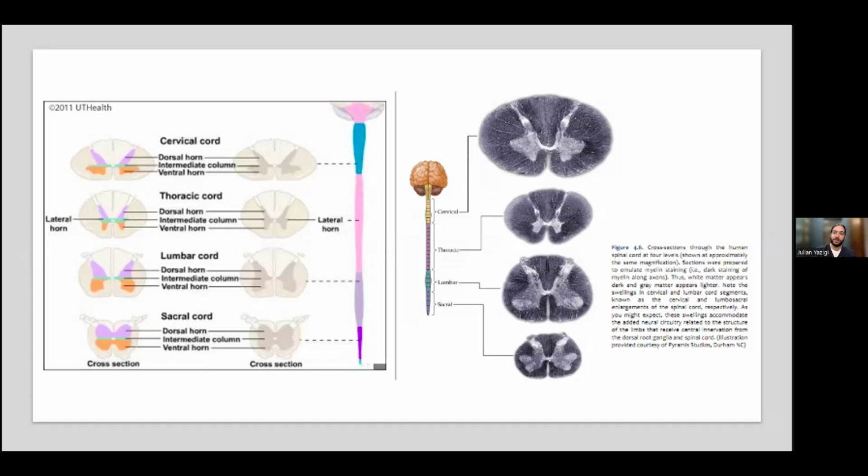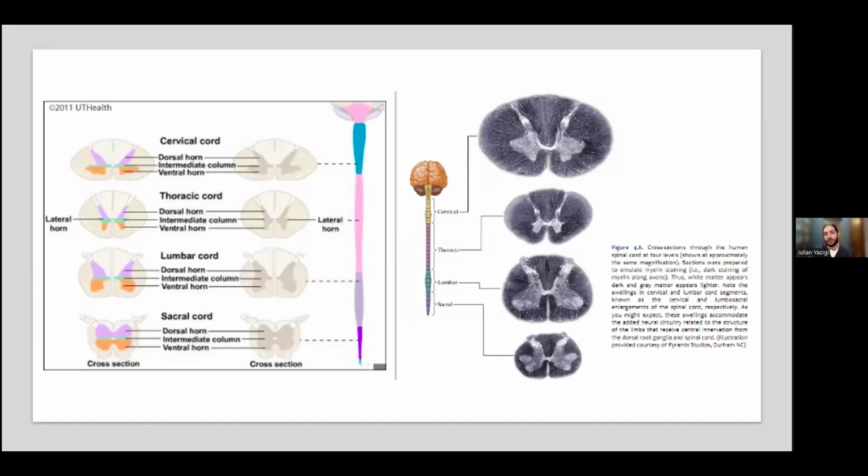The arrangement of these tracts is somatotopically precise, ensuring that fibers serving different body regions are predictably localized. Furthermore, the internal architecture of the cord, particularly the arrangement of gray and white matter, varies segmentally in accordance with functional demands.